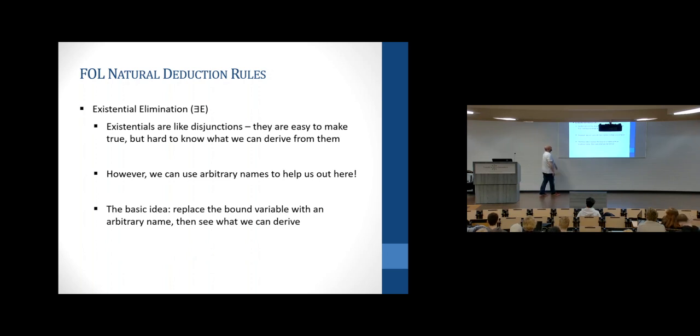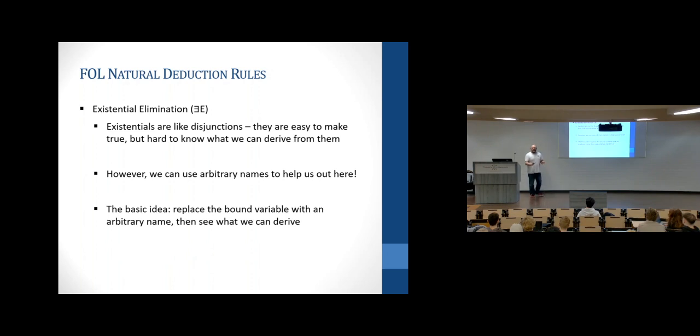So here's the idea for existential elimination. What we're going to do is replace the existentially bound variable with an arbitrary name. And if whatever we get comes out from that, following from the arbitrary name, we'll know that it follows from the existential.